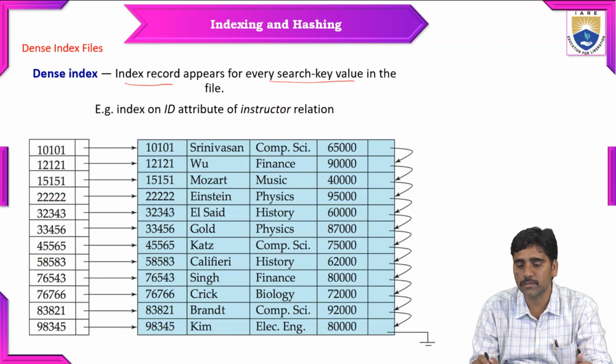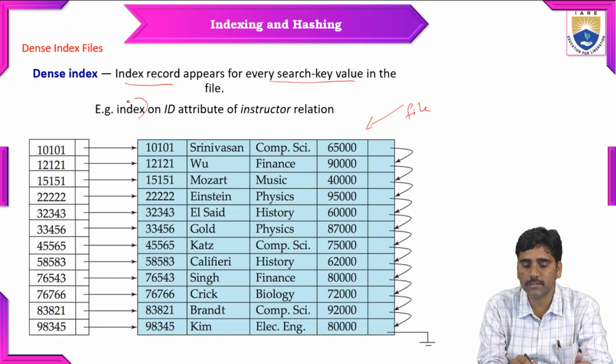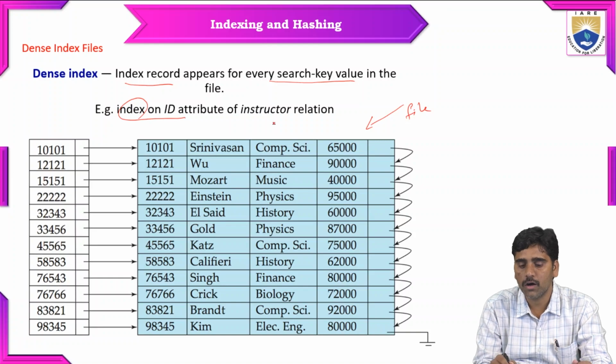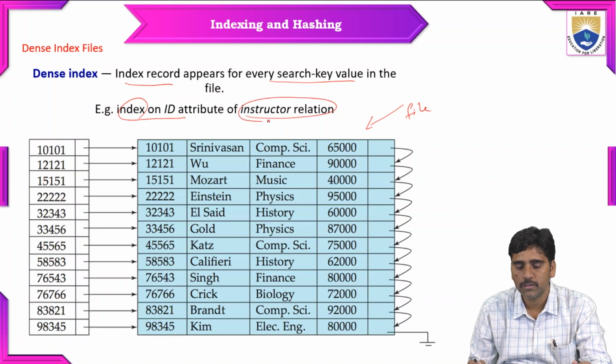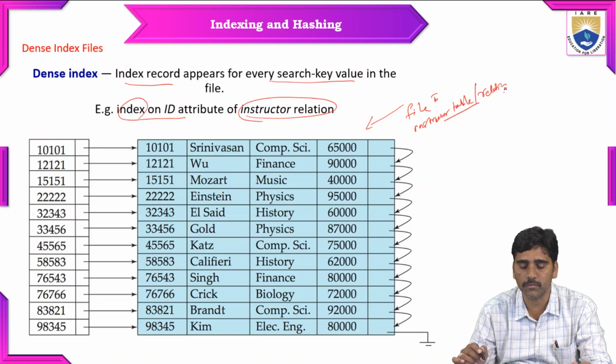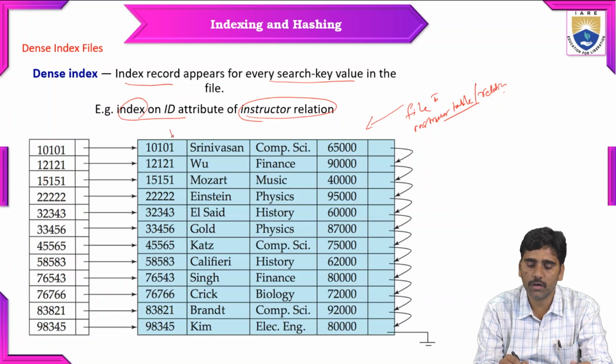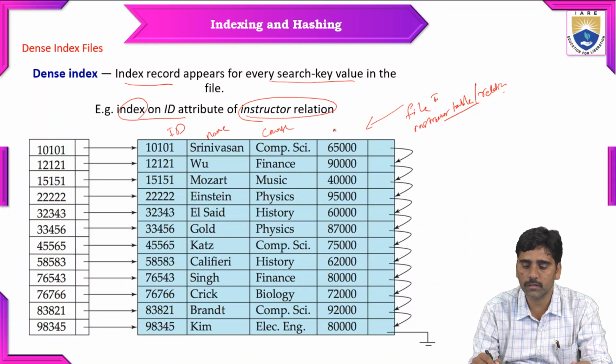Let us take an example file. In this example, we have an index on the ID attribute of the instructor relation. This is the instructor table or relation, which contains ID, instructor name, instructor course, and instructor salary.